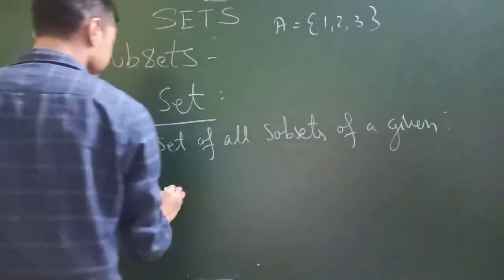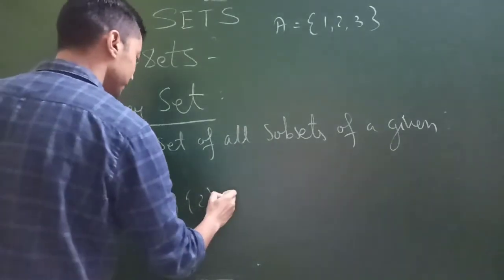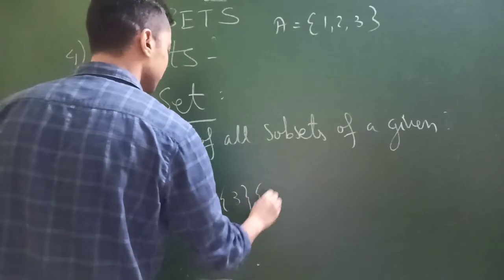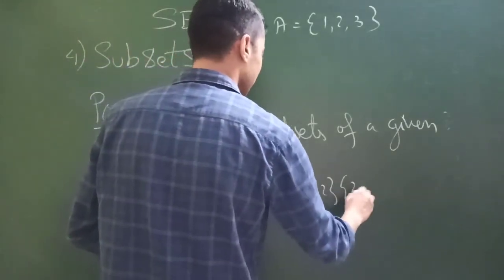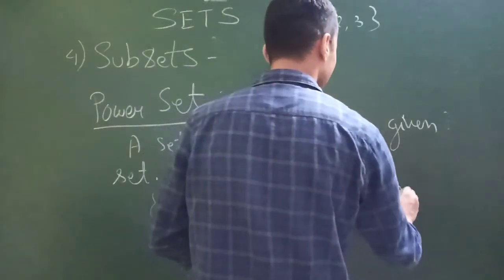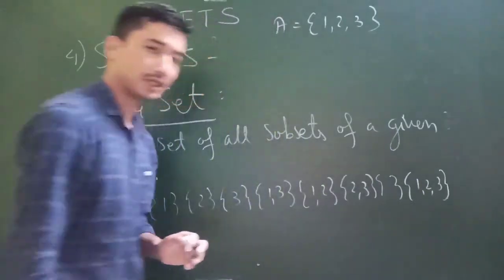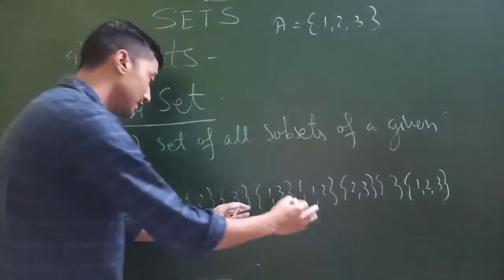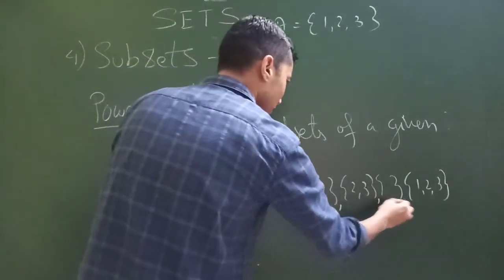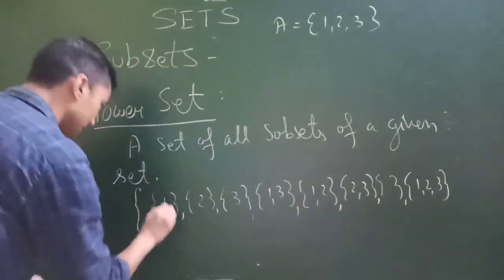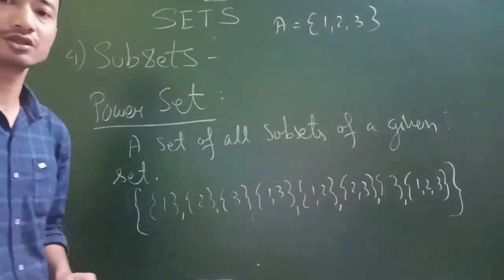What were the subsets? {1}, {2}, {3}, {1,3}, {1,2}, {2,3}, the null set, {1,2,3}. These were the subsets. So the set of these subsets is called the power set.